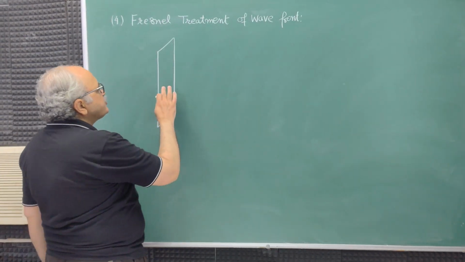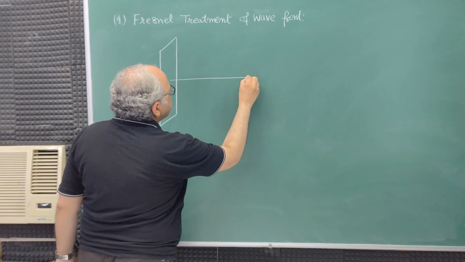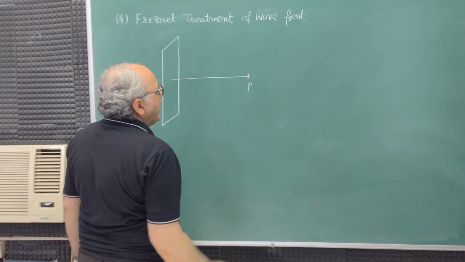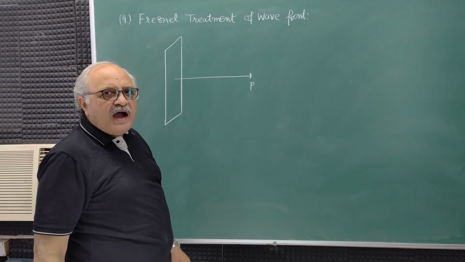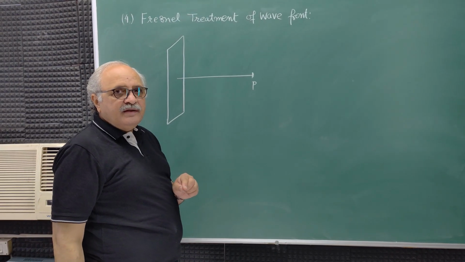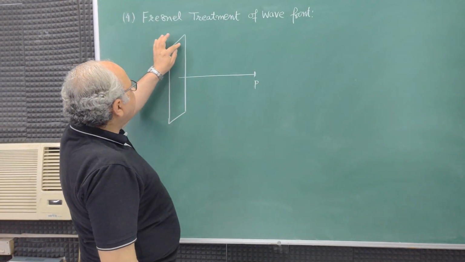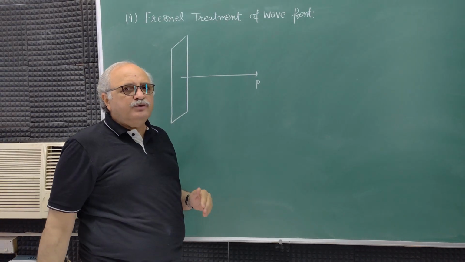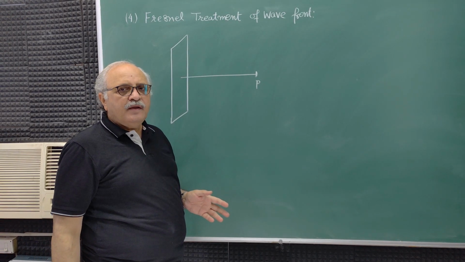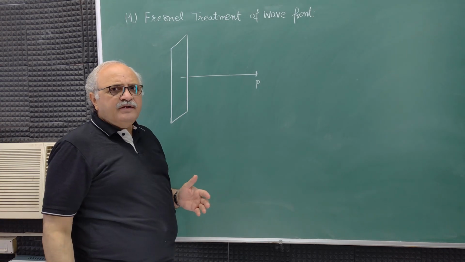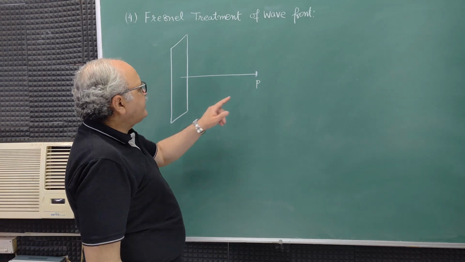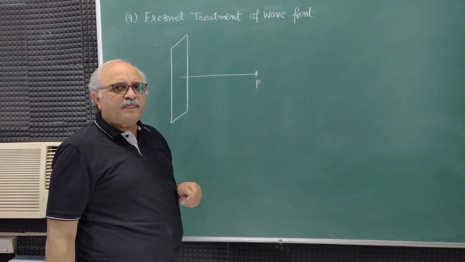Now if we are interested to know what will be its role at the point P, ideally we have to take the effect of each and every secondary wavelet produced by this wavefront. But this becomes very difficult mathematically to find out the effect at the point P.